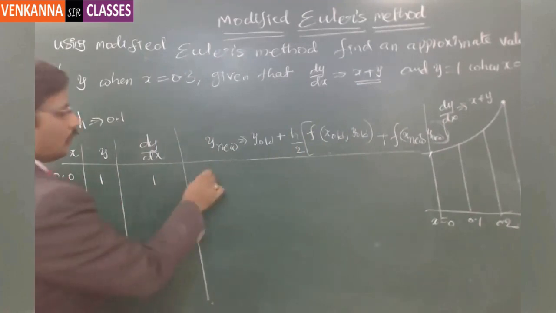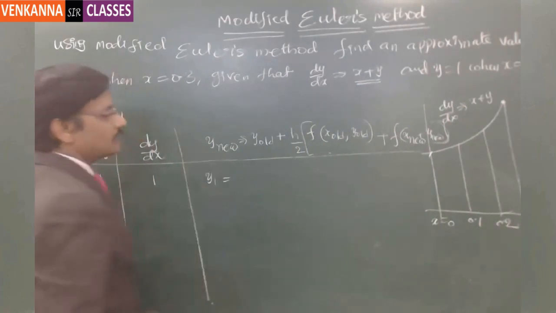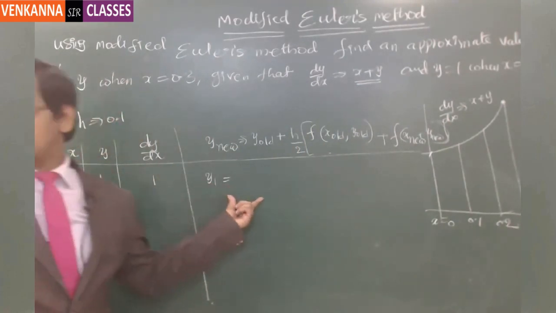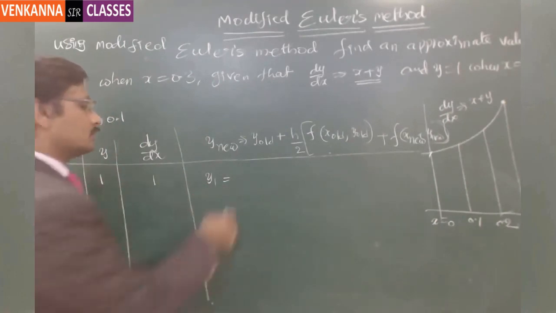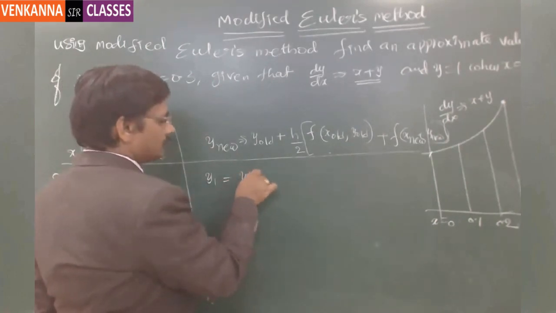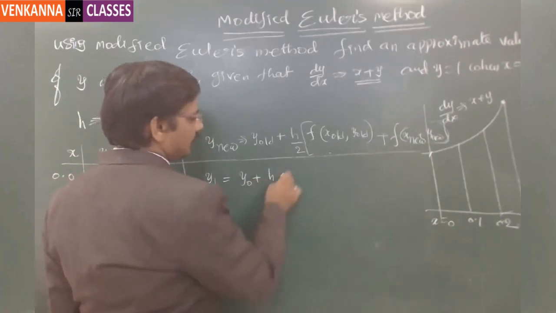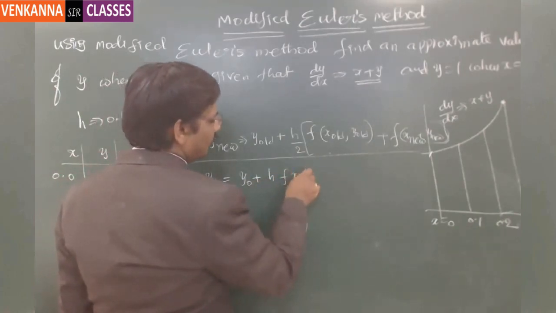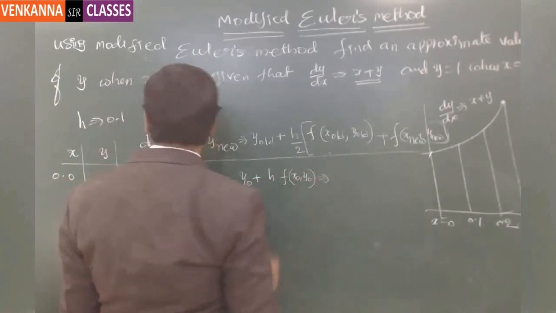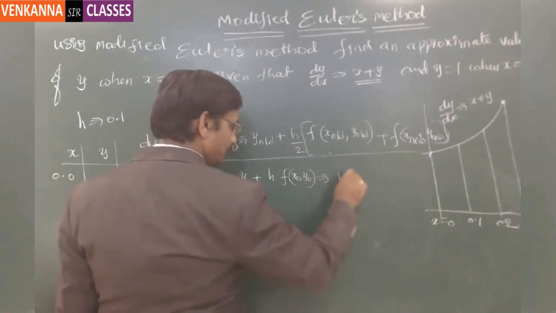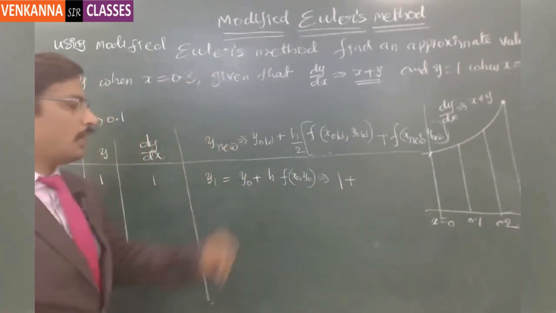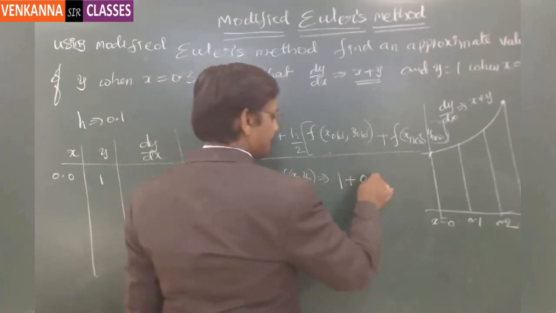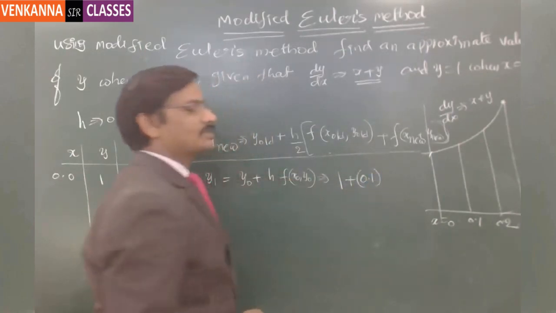Then y1 you can calculate, this being the first iteration, as y naught plus h times f of x naught comma y naught. So this value is going to be y naught, which is 1, plus h, which is 0.1, multiplied by f of x naught comma y naught.